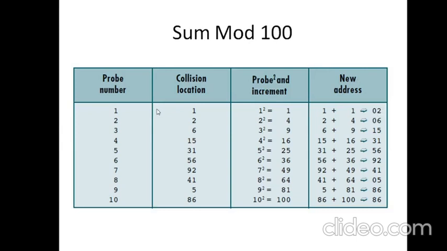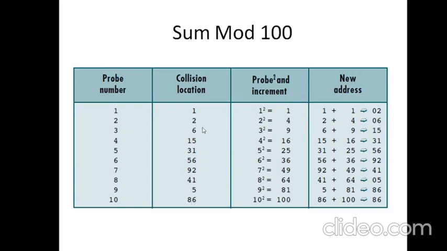In case another probe occurs at some other address, location 2, again the same logic: find 2 square and add it to the address where the collision occurred, so it becomes 6. This will be continued.